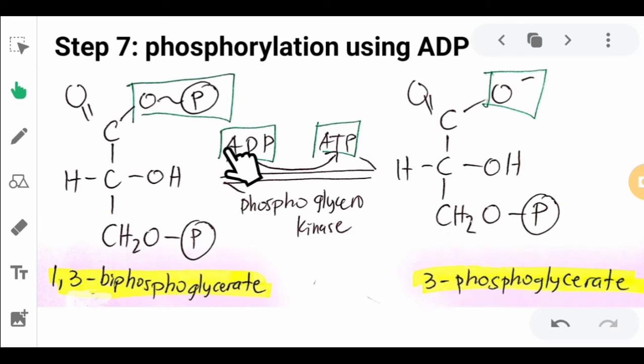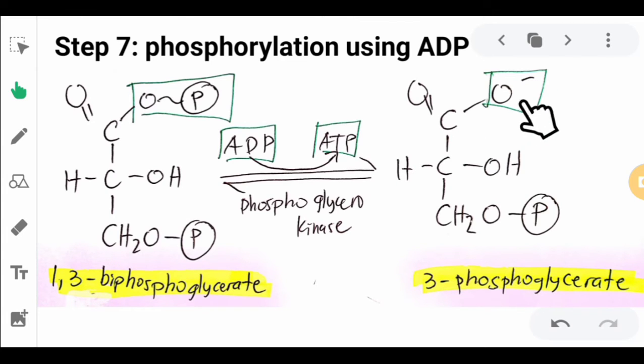We will be utilizing adenosine diphosphate, and with the help of the enzyme phosphoglycerokinase, this phosphate will be attached to the ADP, and you will be left with the oxygen. The phosphate will be added to the diphosphate, and you will have the triphosphate. Therefore, you produce energy.